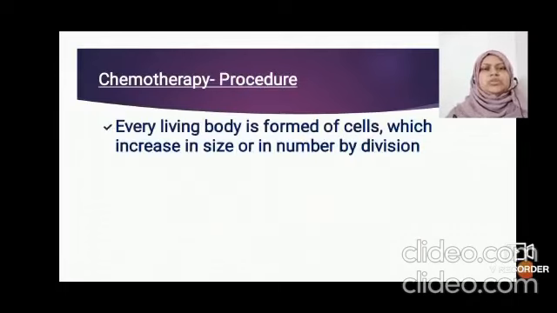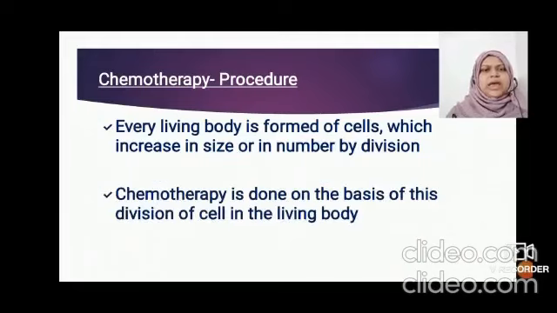Now, procedure of chemotherapy. Every living body is formed of cells which increase in size or in number by division. Chemotherapy is done on the basis of this division of cell in the living body.